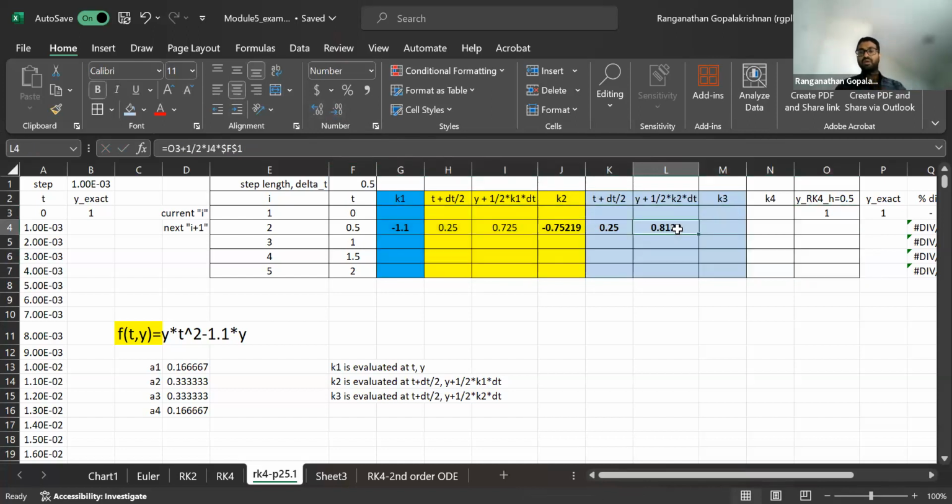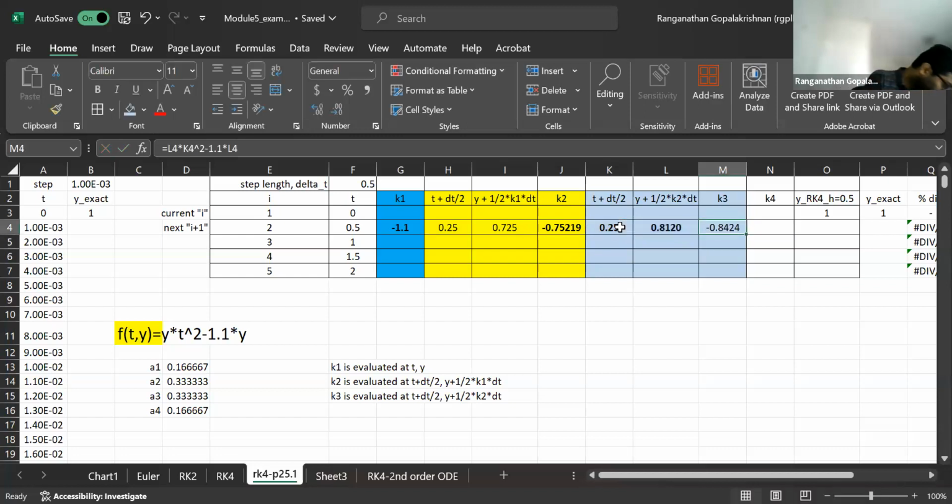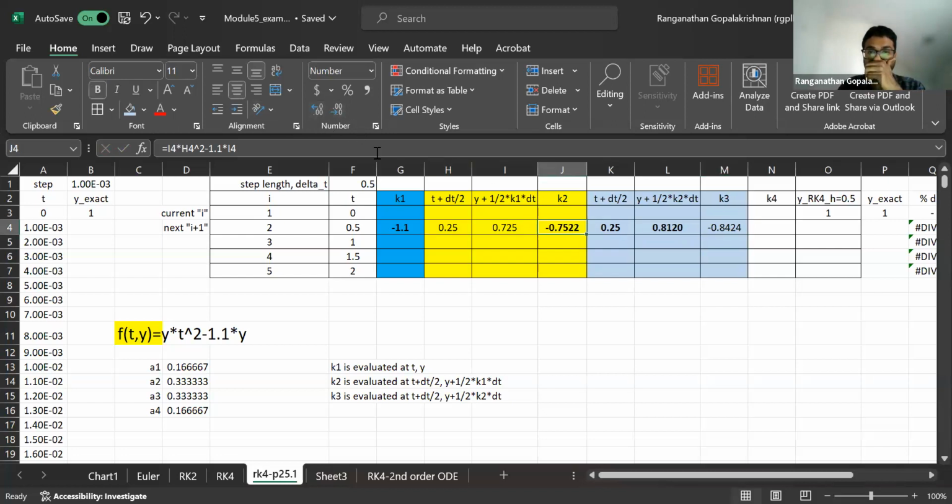So K3 is evaluating the function, y multiplied by t squared minus 1.1 times y, 0.8424.